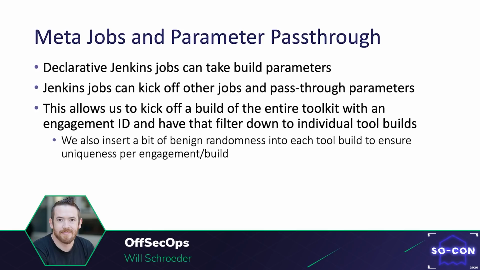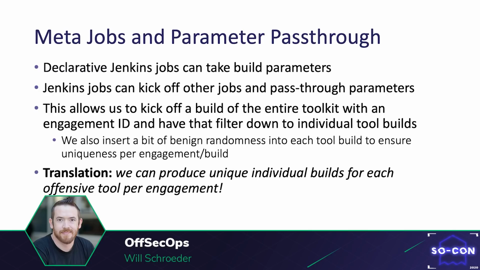We also insert a little bit of benign randomness into each tool. Imagine random GUIDs or strings that tweak just a little bit. So we can ensure the uniqueness of every single build of every single individual artifact. The TLDR translation of all this is that we can produce, for every engagement, a complete build of the entire offensive toolset in a way that each build artifact is unique for every engagement.